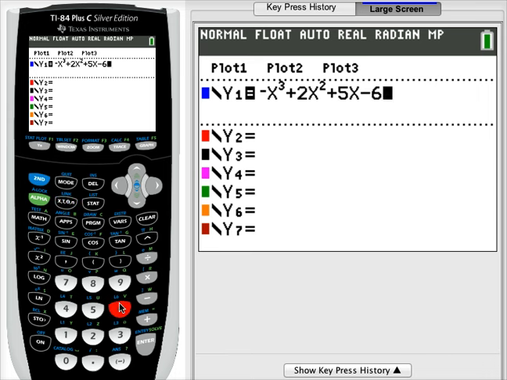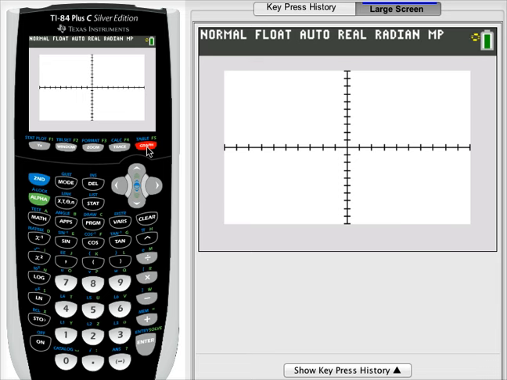Once you have it typed in, go and graph it, please. And I see, once again, I have a minimum and a maximum. And I'm going to focus on the maximum first.